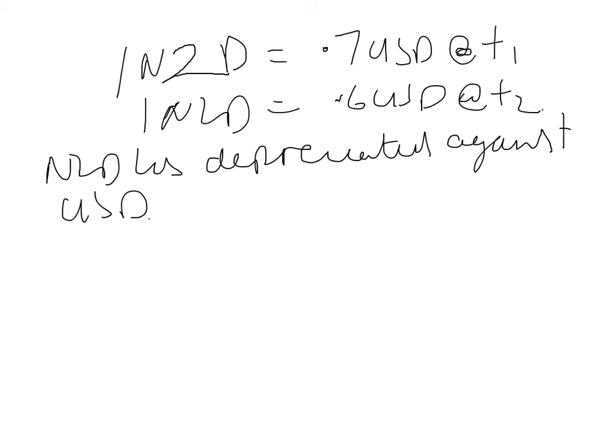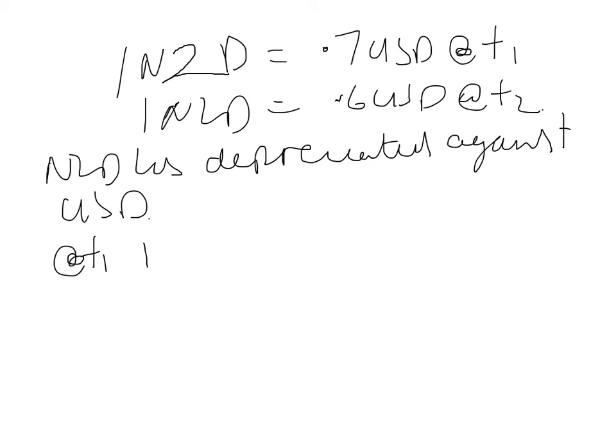Now, what I want to show to you, what I want us to calculate, is the fact that the US dollar has appreciated against the New Zealand dollar. All right, so here we've got, so this is all going to be at the different times. So here we've got at T1. So we want to convert the New Zealand dollar into a US dollar and see what's happened.